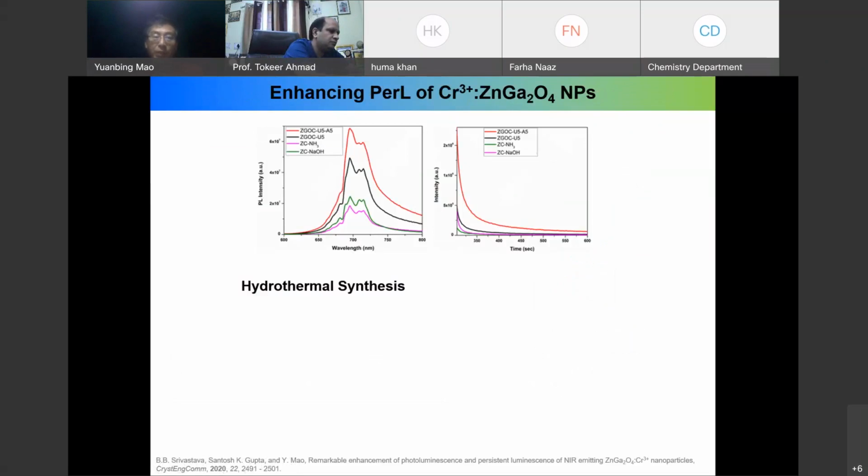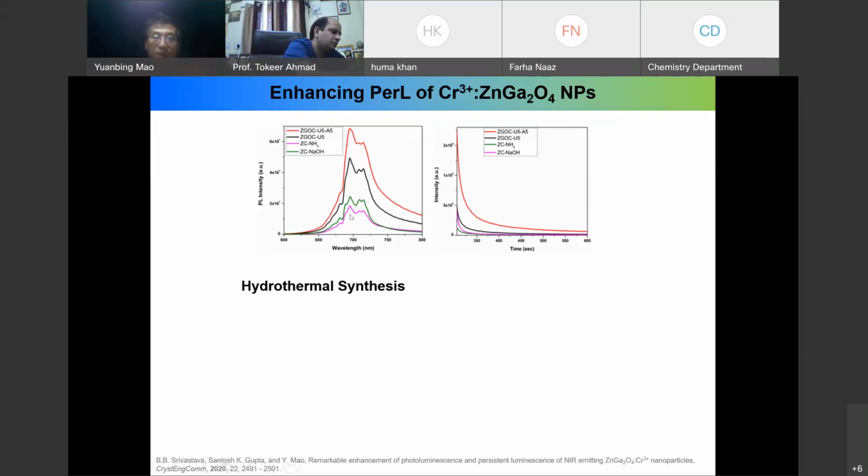So what we did is we thought, how about we use urea to replace ammonia or sodium hydroxide. So when we mix everything together, the pH at room temperature is not that high, right? Only when we heat it up, then the pH will start to further increase, right? So that's what we did.